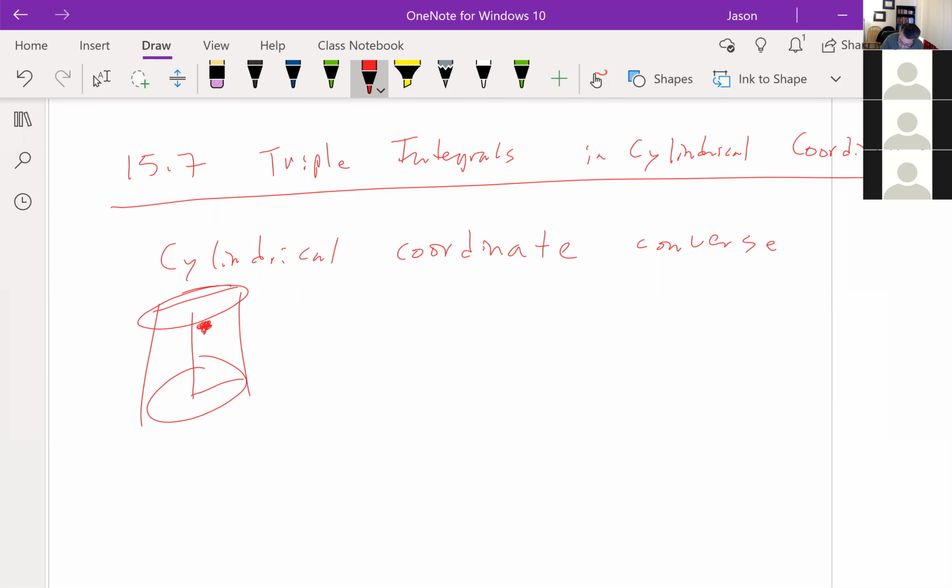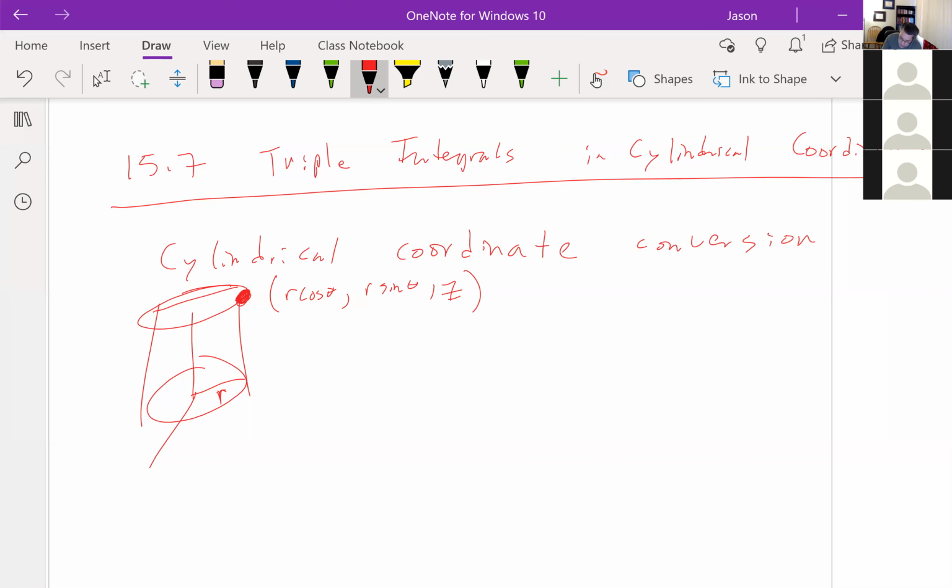If we look at the XY plane, let's say that point right there, and say this is R. Then the X coordinate is R cosine theta. The Y coordinate is R sine theta. And then we're just going to go up to Z. Boom. Cylindrical coordinate conversion.